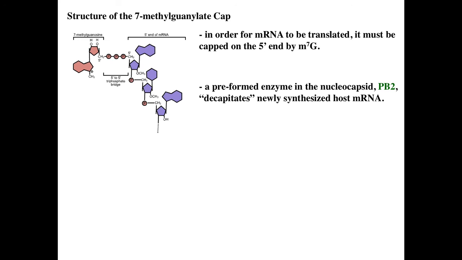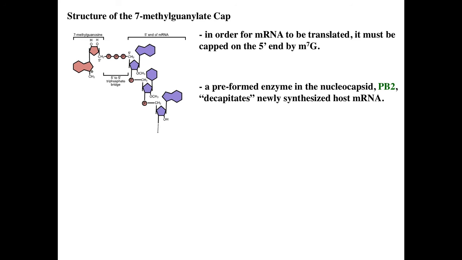So any viral messenger RNA, influenza viral messenger RNA that's going to be translated, needs to have this 5' methylguanosine cap. Again, let's go back, just so you know that I love compare and contrast questions.